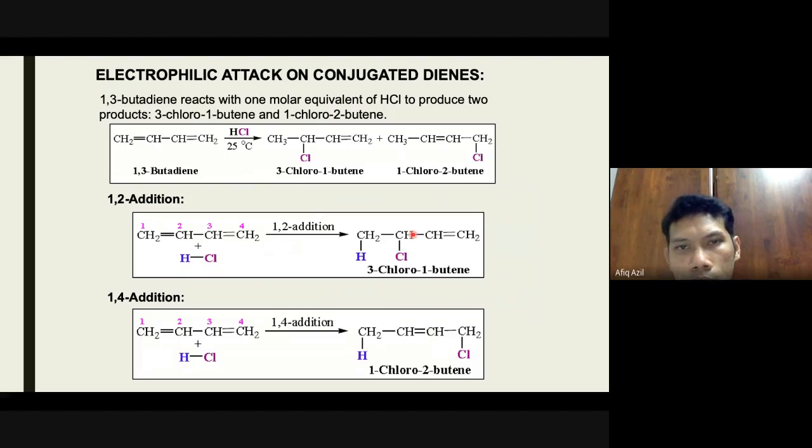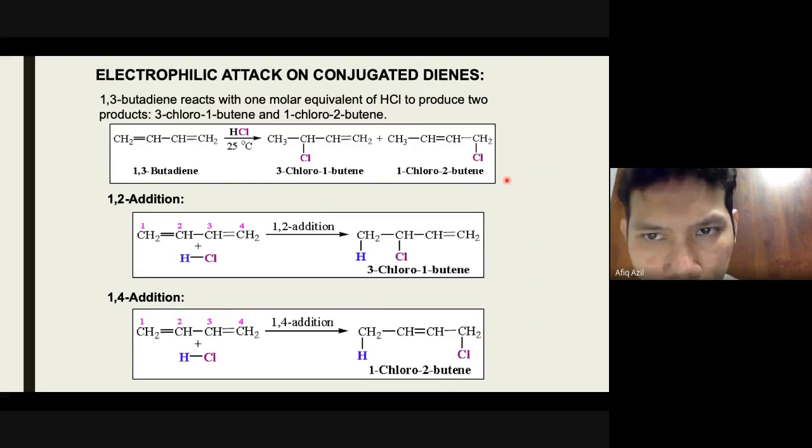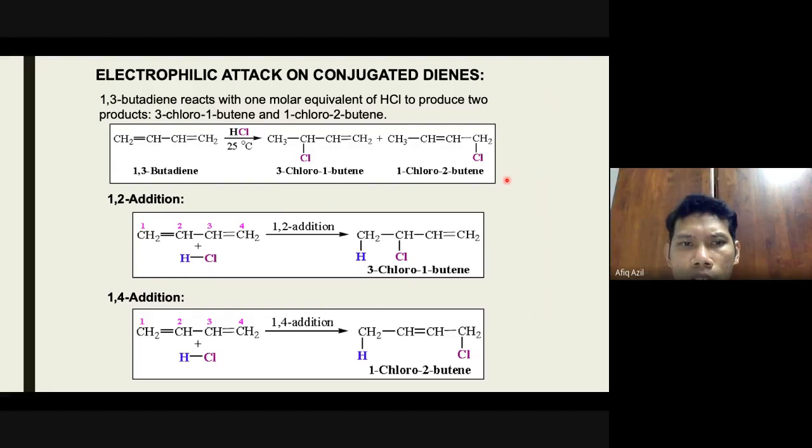So now we take a look at how this affects the electrophilic attack on conjugated dienes. Basically this is an addition reaction. In chapter 6, last time, we touched a little bit on this.